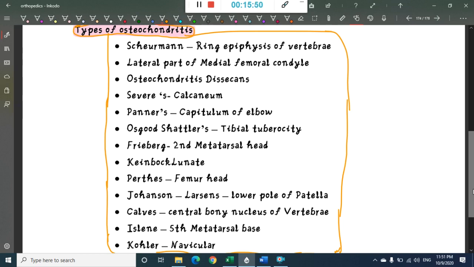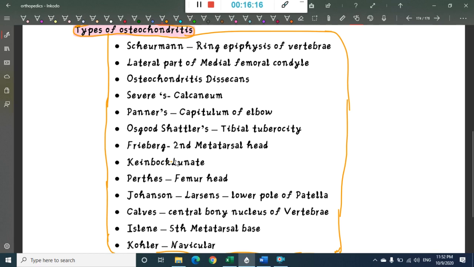Osteochondritis in the calcaneum is called Sever's disease. In the elbow, Panner's disease. In the tibial tuberosity, Osgood-Schlatter's disease. In the second metatarsal head, Freiberg disease. In the lunate bone, Kienbock disease.